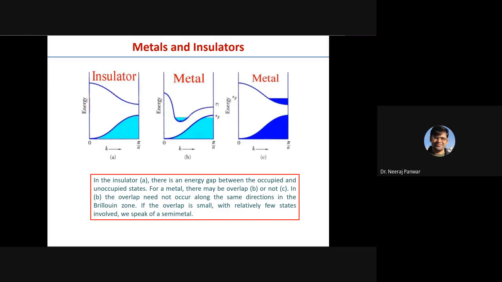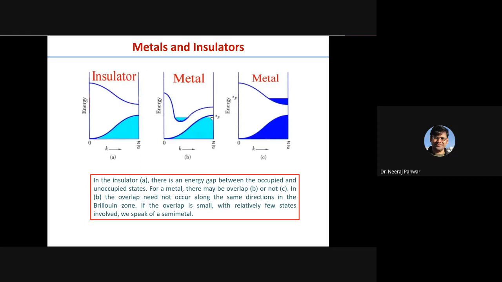In case of metals, we can have different scenarios where, for example, one band is completely filled and the other is empty, and they can overlap. You can see in this middle diagram that the upper band is overlapping with the lower band.